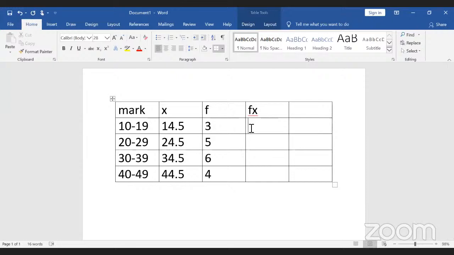So once you're done, maybe the first person can tell us what they are getting as the mean of X. That is sigma Fx over sigma F.